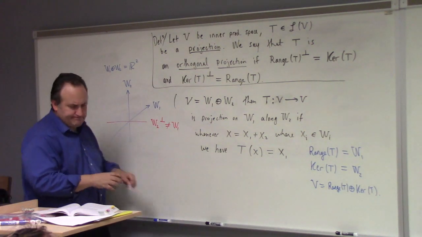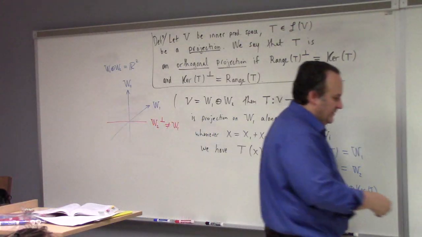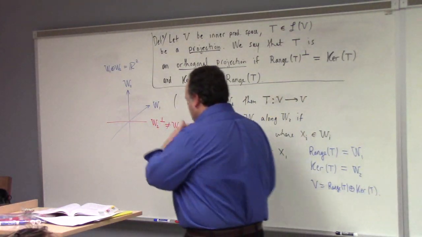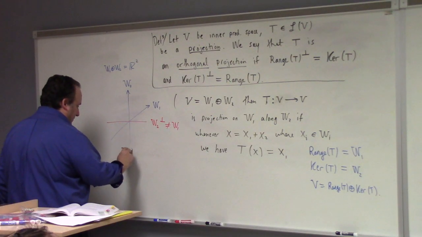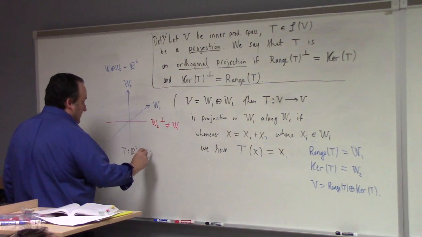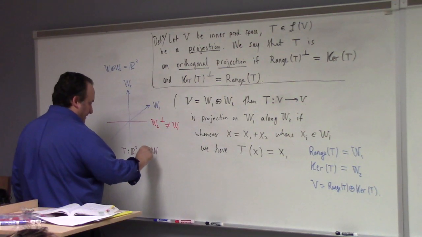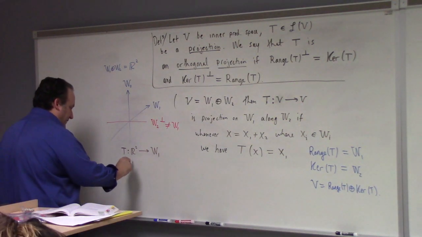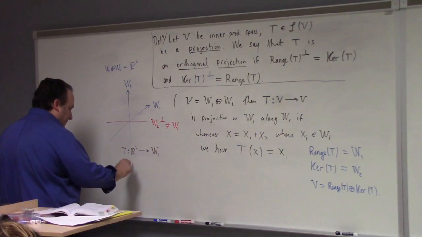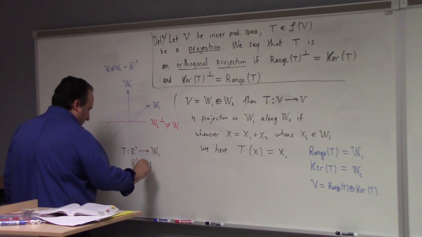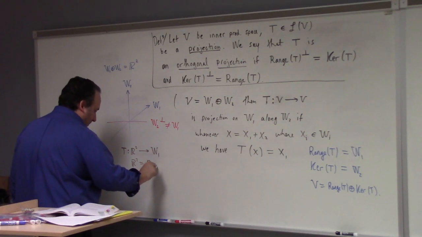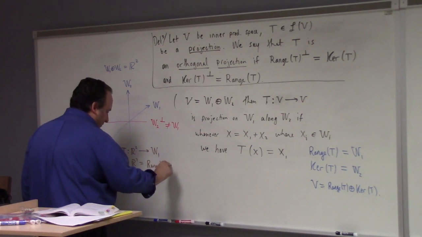And likewise for the other one, right? So if I had T as a mapping from R2 to W1, we would have that R2 is the range of T direct sum kernel of T, right?